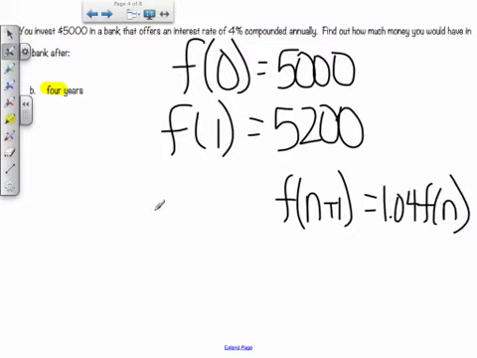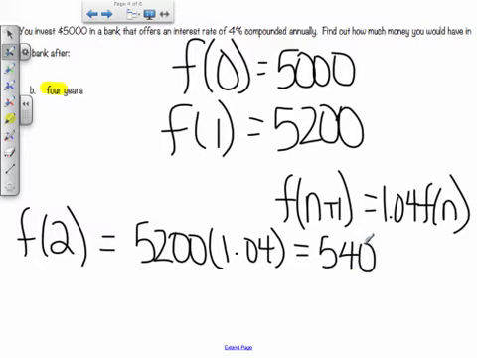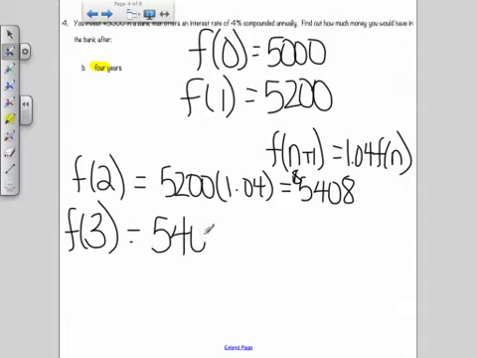Okay? So here I'm going to figure out what f of 2 is. I have to just take 5,200, which is the previous amount, and multiply that by 1.04. So I end up getting $5,408. Don't forget to actually do this in your calculator so you can make sure you get that. So that's how much you get after 2 years. But I need to keep going with this because it asked for 4 years. So I would figure out what f of 3 is. So I would take $5,408 and multiply that by 1.04 again.